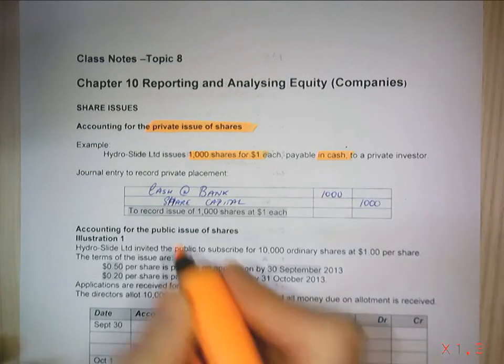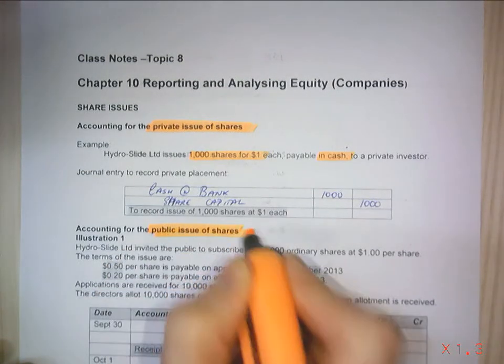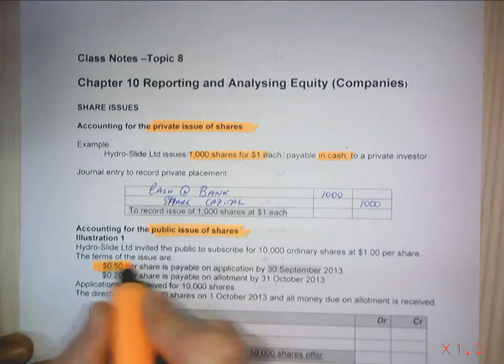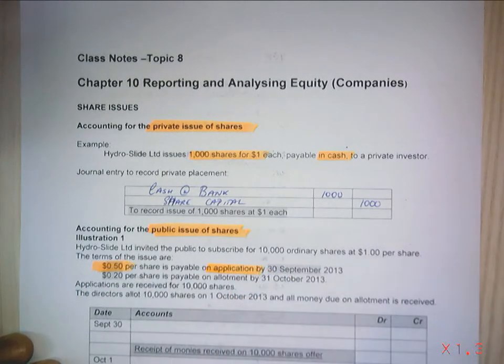Now, when we do a public issue of shares, it's a little bit different. Public issue of shares is usually on a bigger, grander scale as well. And what we do is we do it in a number of stages. We ask you to apply for shares, and we're going to ask for 50 cents upon application. So when you look at the business and you think, okay, I want to buy some shares, send in 50 cents for every share that you want to buy.